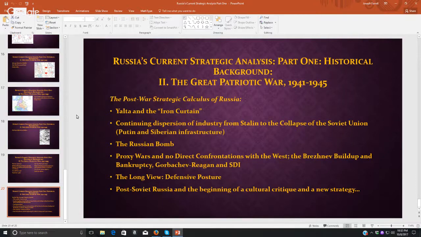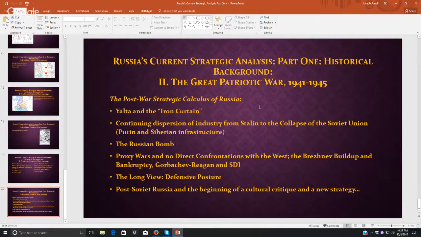Now, I've mentioned the dispersion of industry because of the two things that we have to take from this. If you go back and look at those maps, the reason I put those maps in this presentation is I wanted people to really understand how deeply the Axis powers had penetrated into European Russia. And what this meant, folks, was that all of that infrastructure that had been carefully built up in those places as part of the 5-year plans was basically just blasted apart.